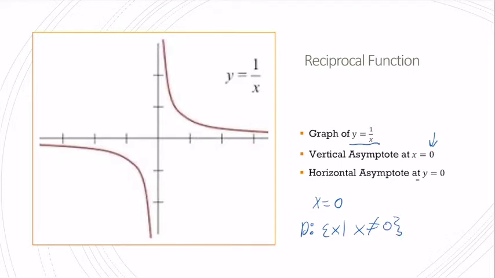It has a horizontal asymptote at y equals 0 because 1 is my numerator, and that number is never going to equal 0 because I'm always dividing it by different x values, and there's no way 1 divided by something could give you nothing. So it's never going to cross the line y equals 0. So we've got two asymptotes here.